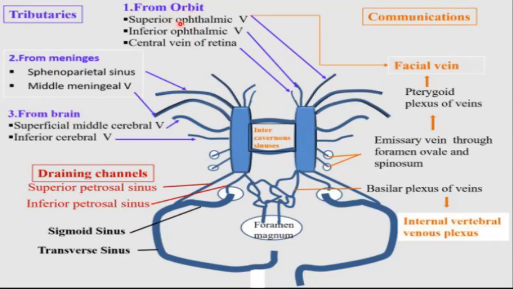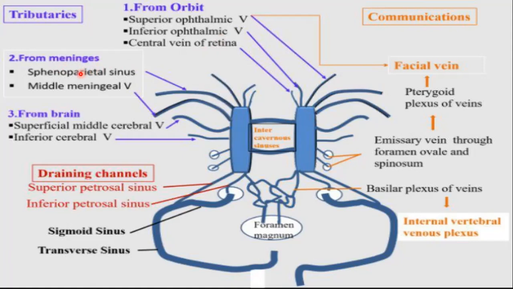From the orbit, we have the superior ophthalmic vein, also the inferior ophthalmic vein, and the central vein of the retina. Okay, remember the inferior ophthalmic vein and the central vein of the retina usually join the superior ophthalmic vein and drain as one, but in others, they can drain individually.